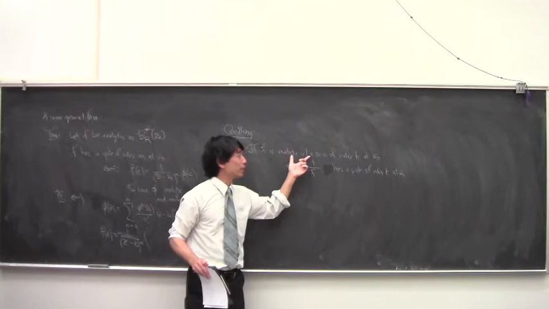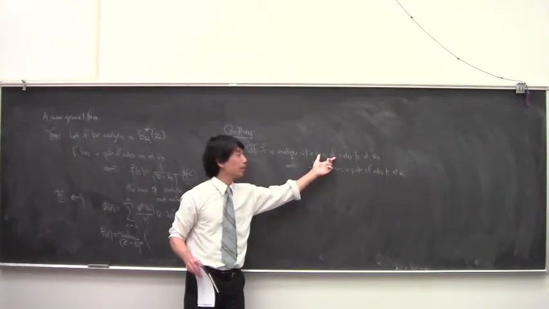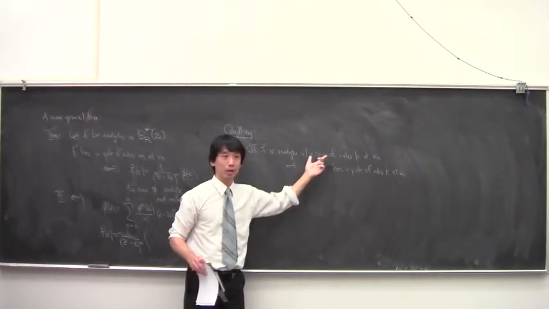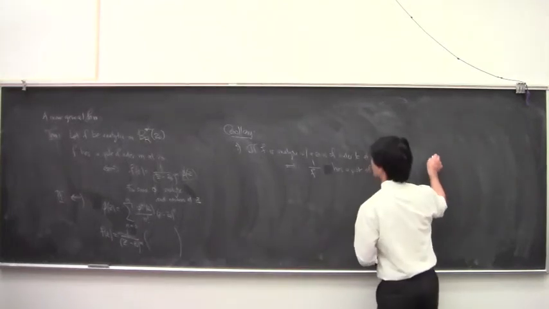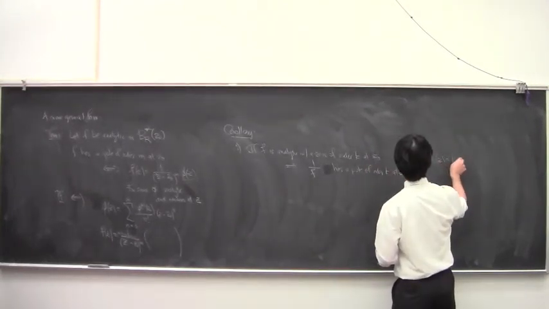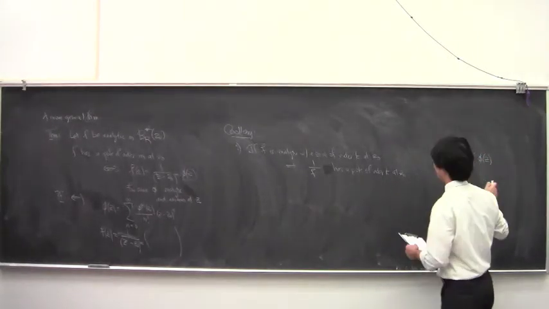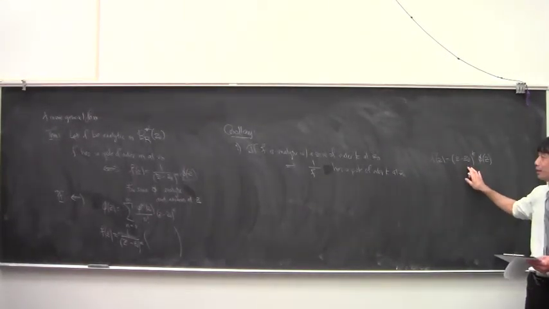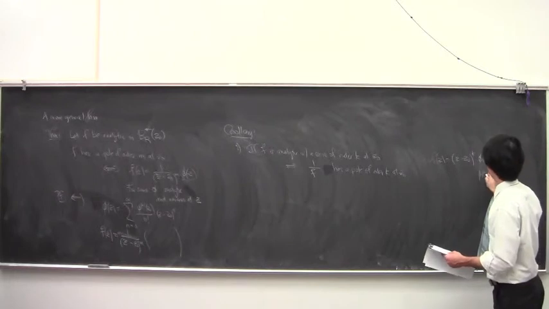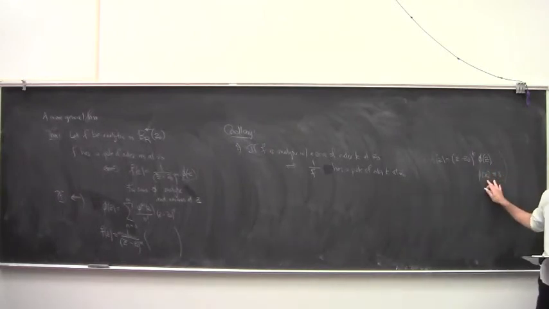Having a zero of order k at z naught means that you look like this, where this factor is non-zero at z naught.